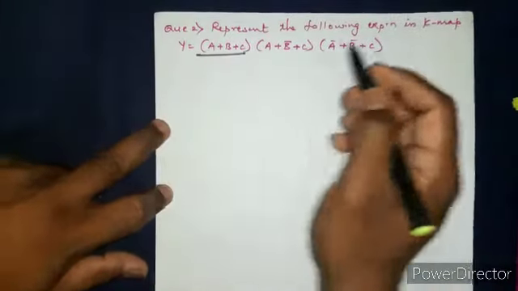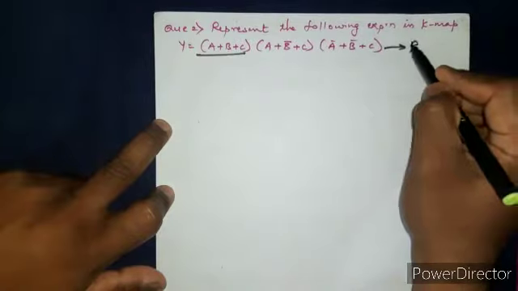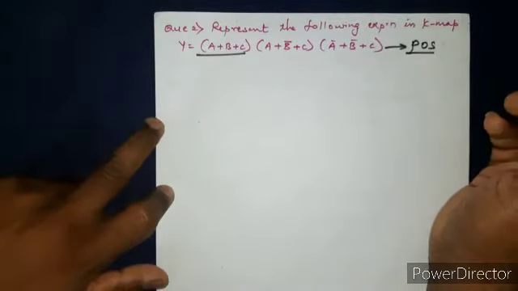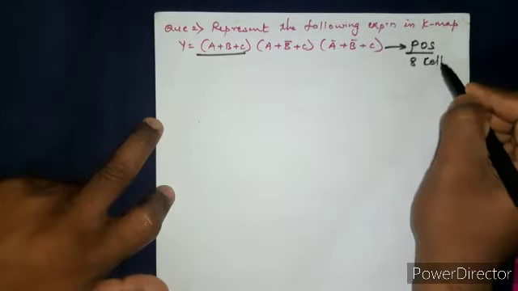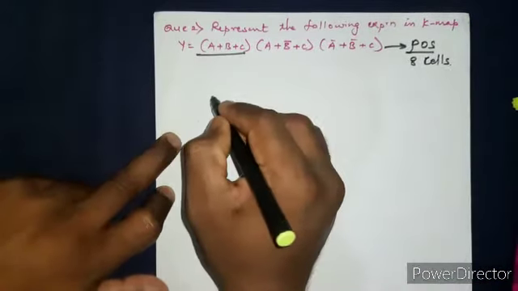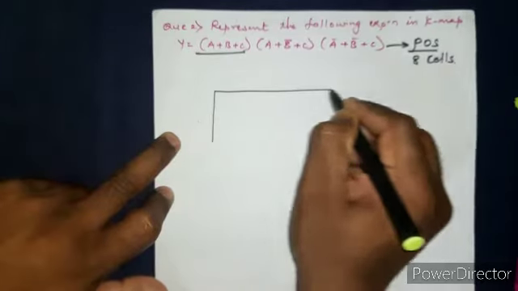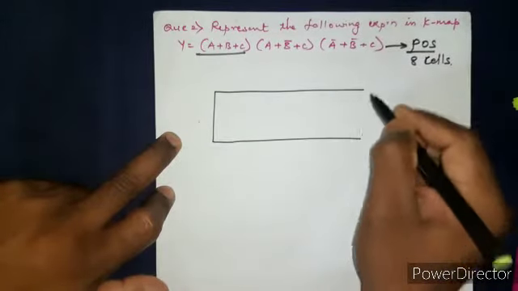Again here you can see this equation corresponds to POS. Okay, 3 variables means we need 8 cells, so I'll draw a big structure here just to understand.